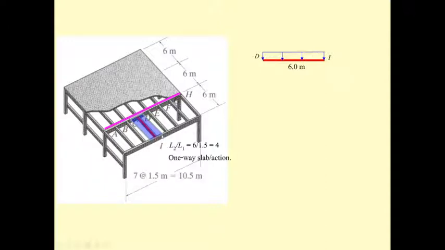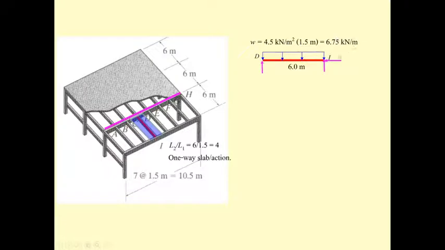The distance is going to be half of 1.5 and another half of 1.5, because the load is divided half to one beam and half to the other beam, and then you get this distance of 1.5. So it's 1.5 times 1, which is 1.5 square meter, and each square meter has a loading of 4.5. So the uniformly distributed load for the beam DI is going to be 6.75.